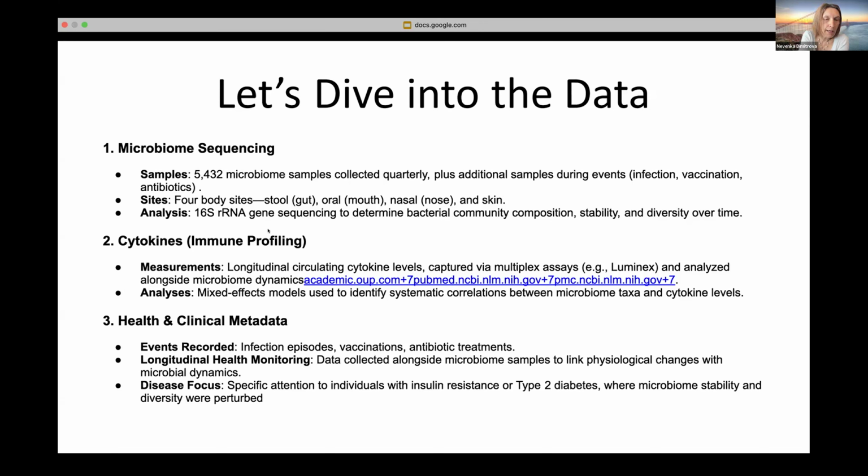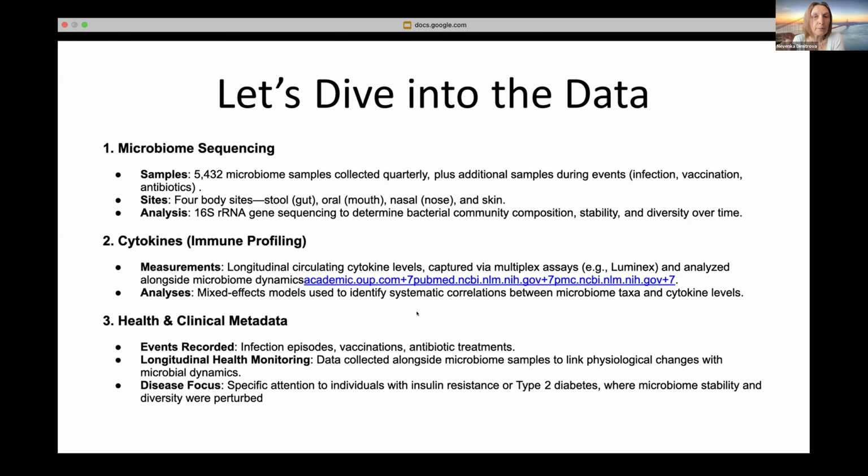And we have here longitudinal data of circulating cytokine levels. Now, what is a cytokine? Those are signaling molecules that are part of the work of our immune system. And the analysis is really the mixed effects models.